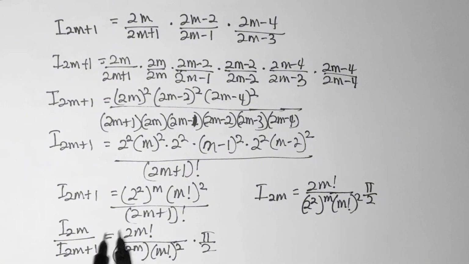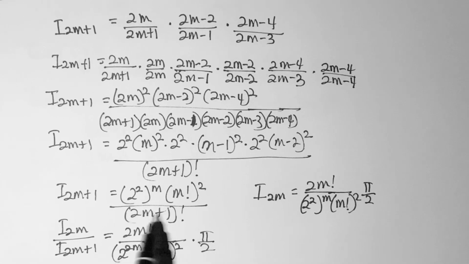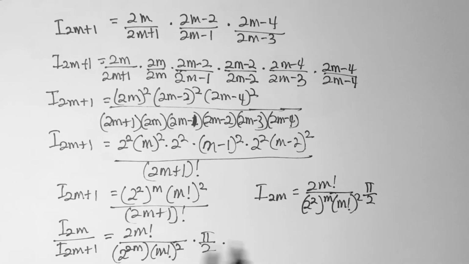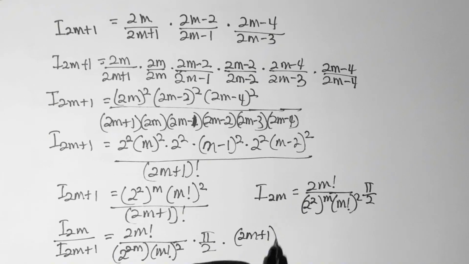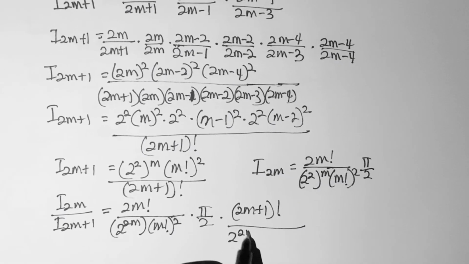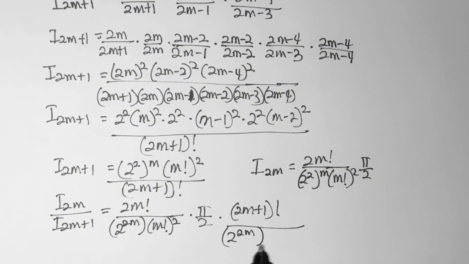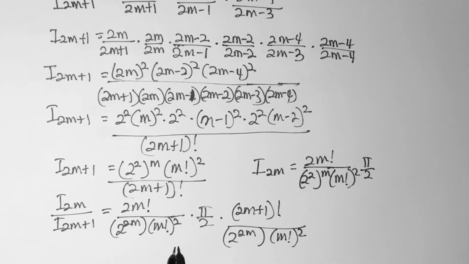Then now, because we are dividing over 2m plus 1, if we divide this, we can multiply by inverting it. So this 2m plus 1 comes to the numerator factorial divided by 2 exponent 2m, then times m factorial squared.